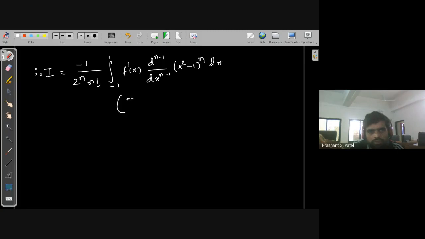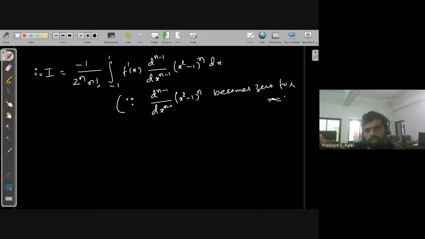This is because the n minus 1th derivative of x square minus 1 power n becomes 0 for x equal to 1 and x equal to minus 1. I will use integration by parts again here.